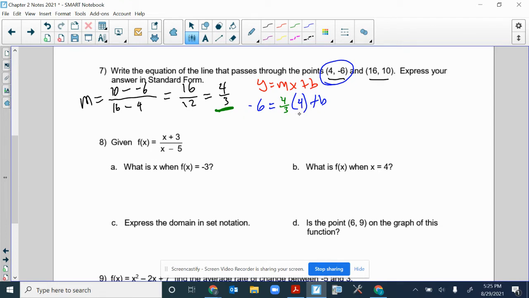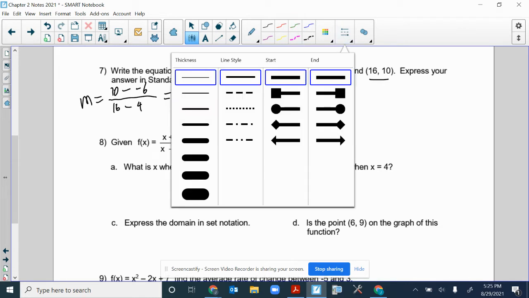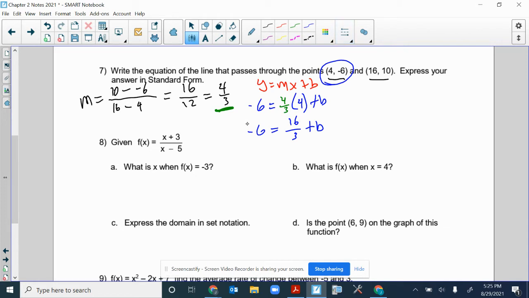Doing this, you can do a couple different things. I would simplify that to 16 over 3 plus b equals -6, and then you can subtract this over. If you don't like to deal with fractions, it's an extra step, but you can multiply everything by 3 on both sides.